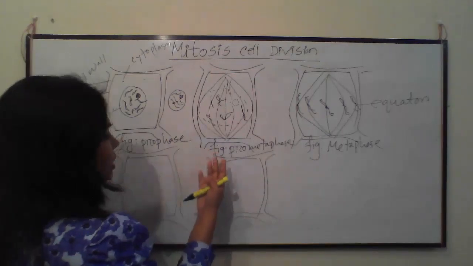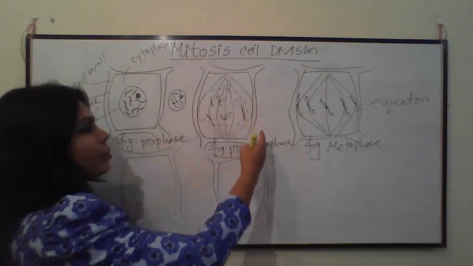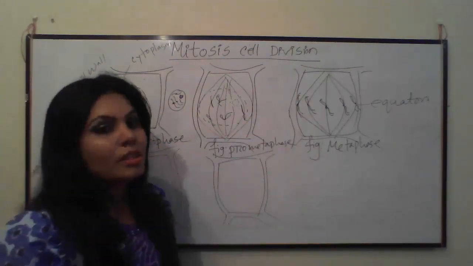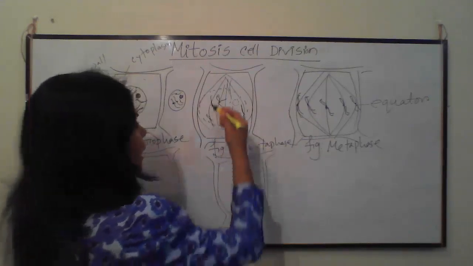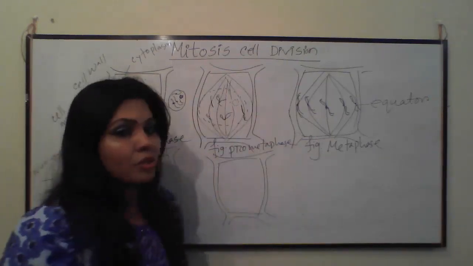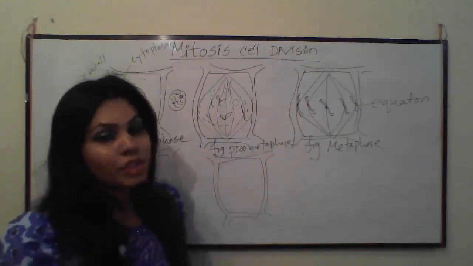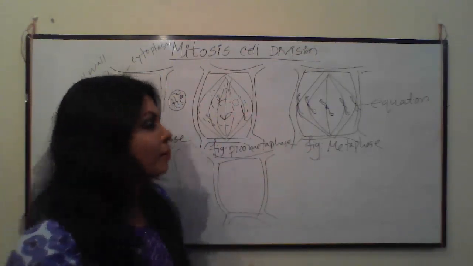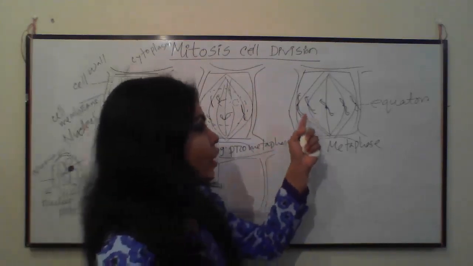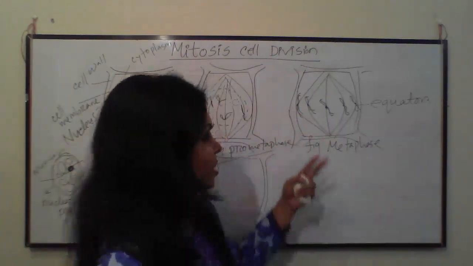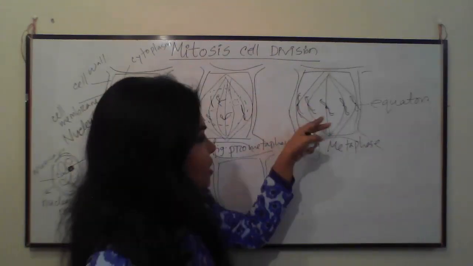Then in prometaphase, the nuclear membrane and the nucleolus almost totally disappear, and the spindle apparatus or spindle fiber is already created due to the accumulation of protein fiber of the cell. And then in metaphase, all the chromosomes or sister chromatids come to the equator.